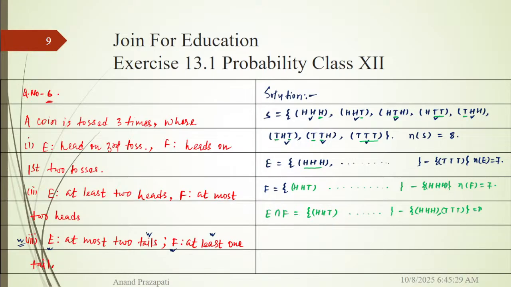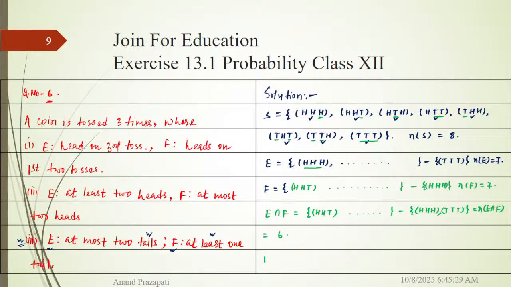Number of E intersection F equal to only 6. 1, 2, 3, 4, 5, 6. So we write down here 6. After there is no problem to understand up to this step.